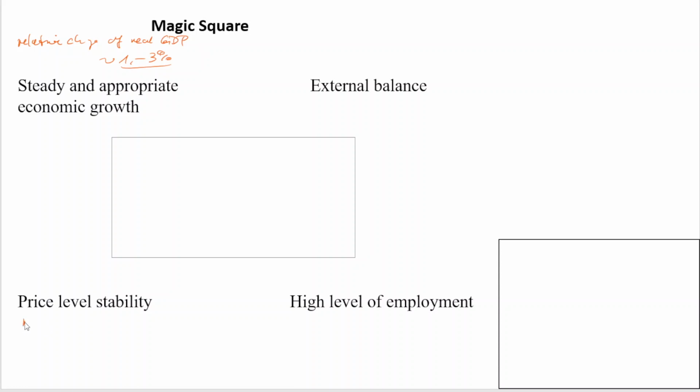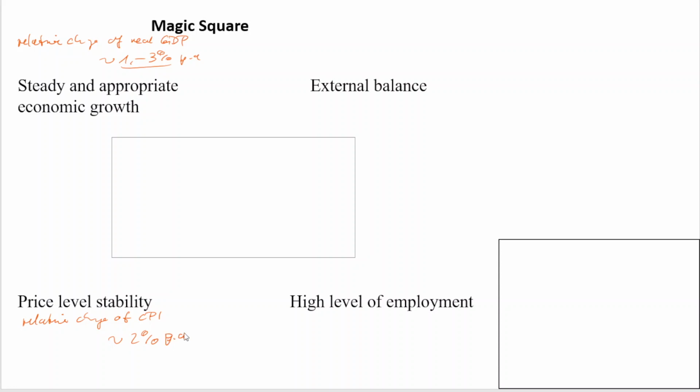Price level, relative change of consumer price index, roughly 2% per annum to be correct.